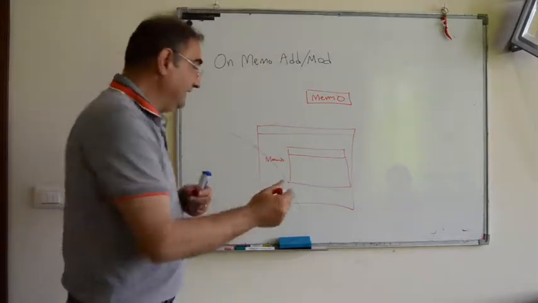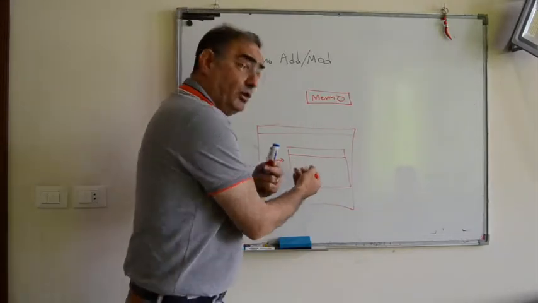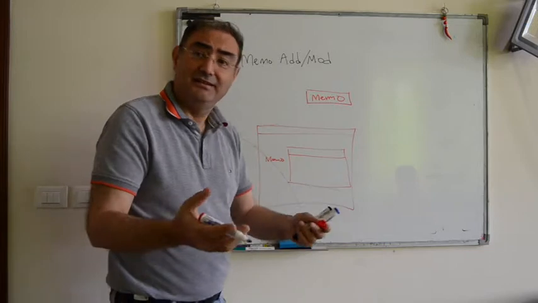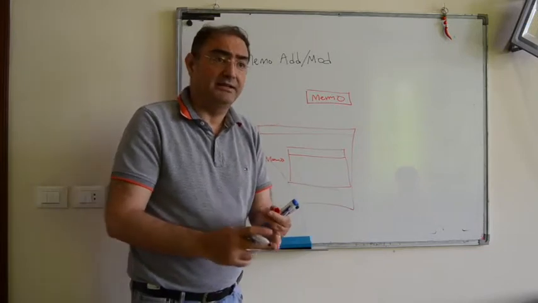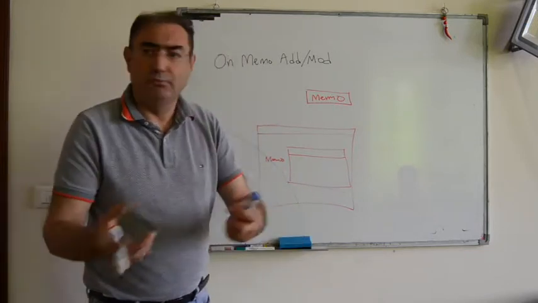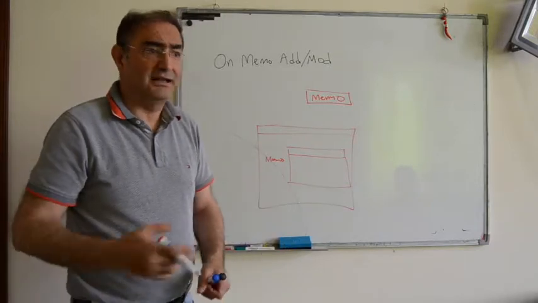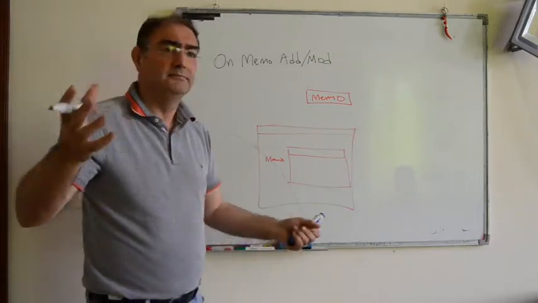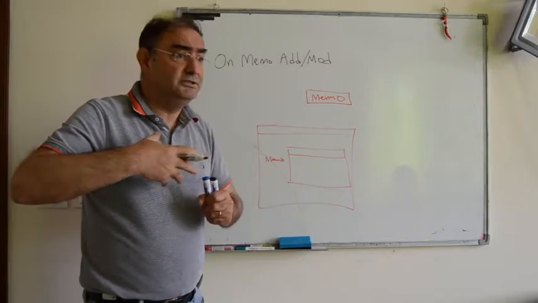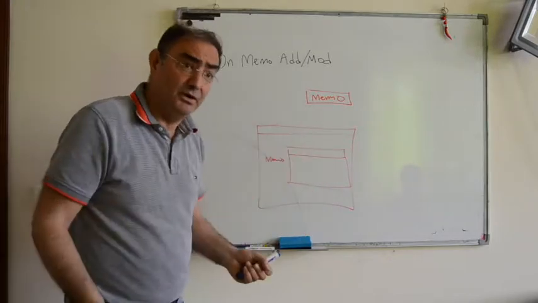The toolbar inside the memo, it's like Word. You can edit uppercase, lowercase, underline, bold, italic, select the font, select the color, select the background, insert an image, put a table, anything that you want to.